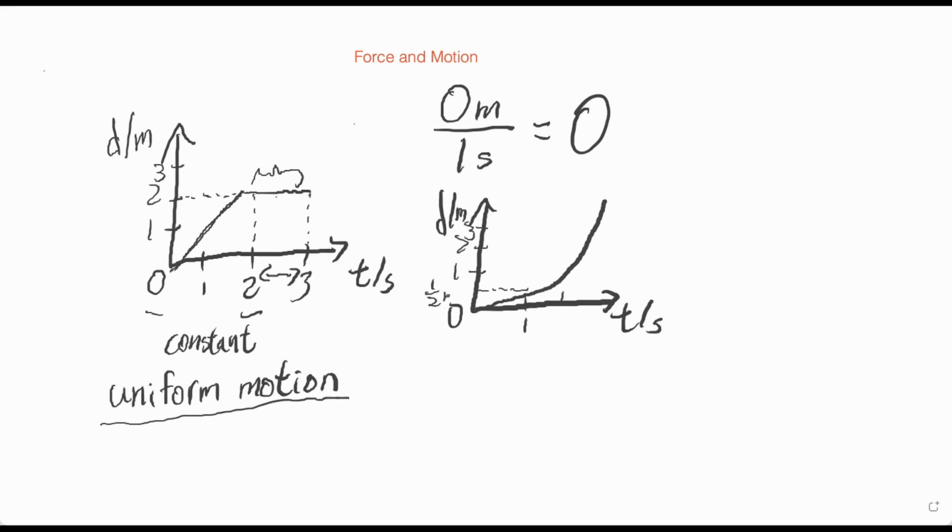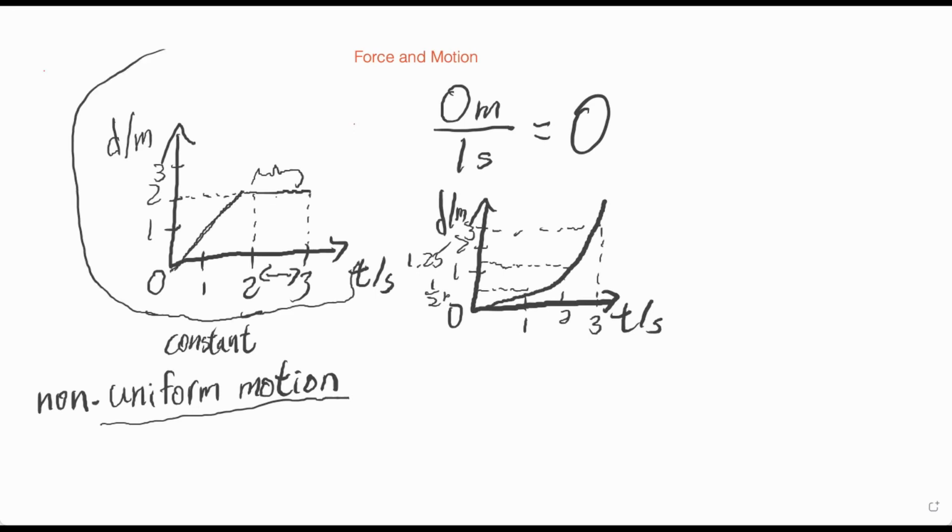But in the second second, it had already traveled 1.25 meters. And in the third second, 3 meters. So you can see that the speed at each time mark is different. So its speed is changing, the speed is not uniform, and the motion of the object is not uniform. So it's a non-uniform motion. This graph over here is also a non-uniform motion, as its speed changed here.